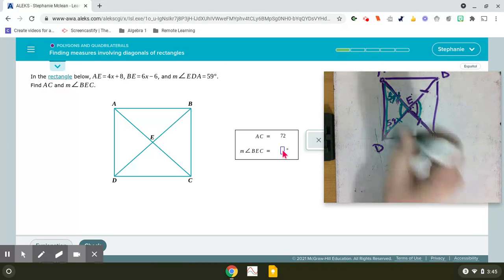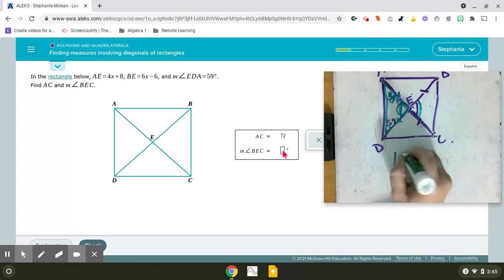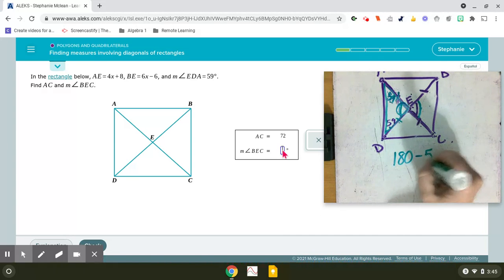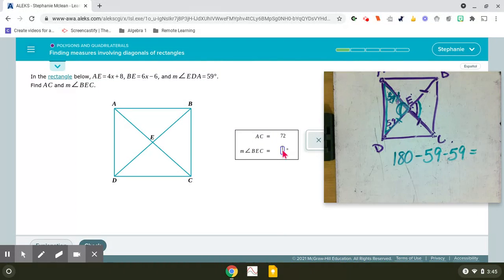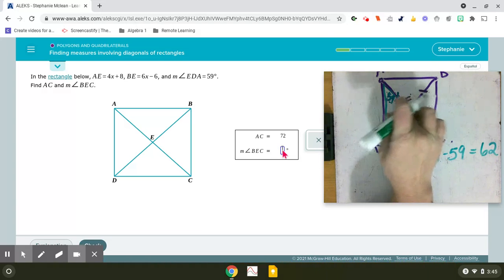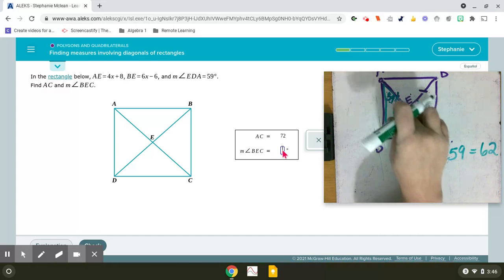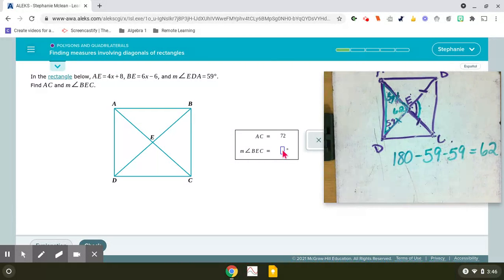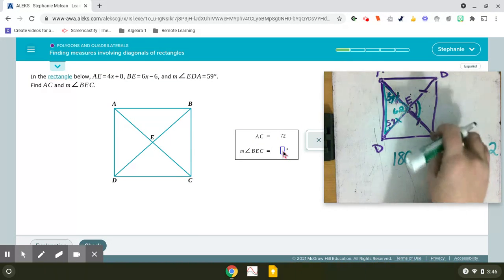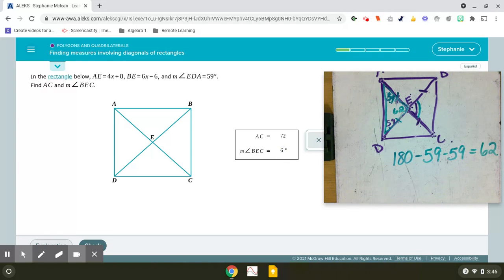So to solve for that missing angle, we take 180 and subtract 59 from it twice. 180 minus 59 gives me 121, minus 59 is 62. So this angle up here is 62. If this angle is 62, this angle over here must also be 62 because they are vertical angles. So BEC is 62 degrees.